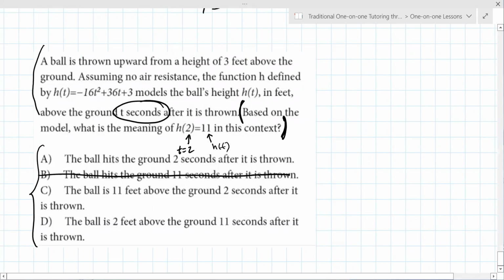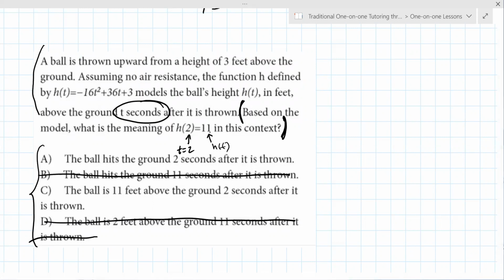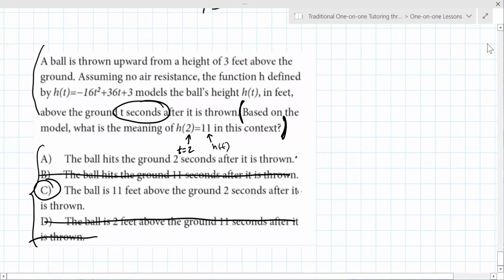D does not. Oh, my fault. 11 seconds. Okay, so what does the 11 represent in the problem? Feet. Yes, so which does A or C reflect that? C. Yes. You seem uncertain, but you know how to do this problem now. You totally understand it.